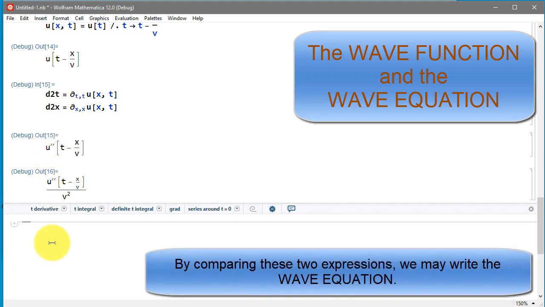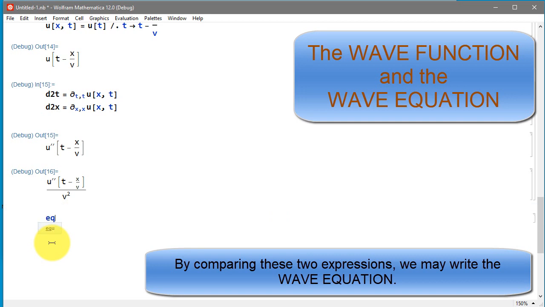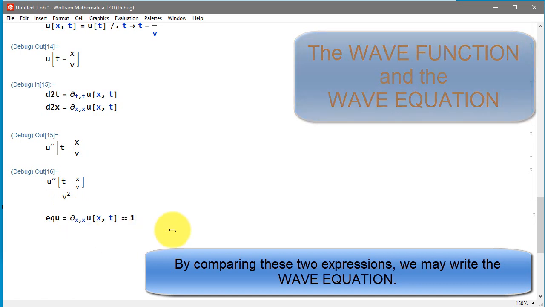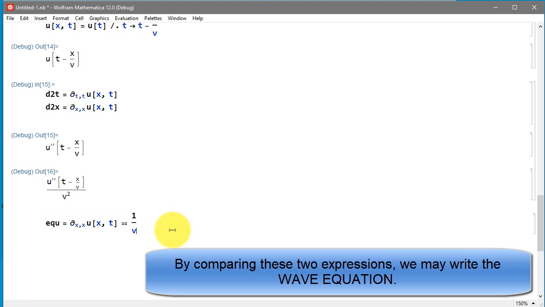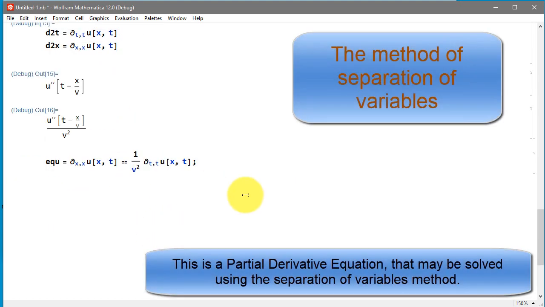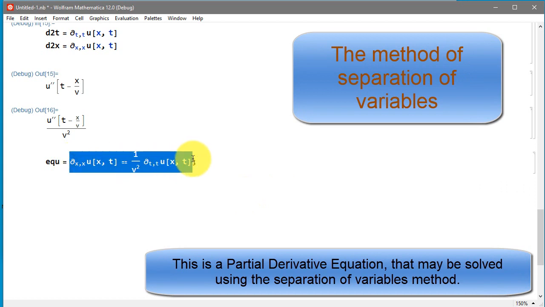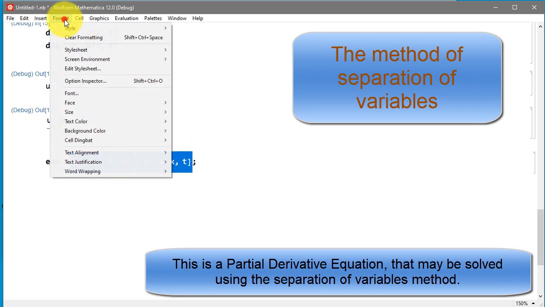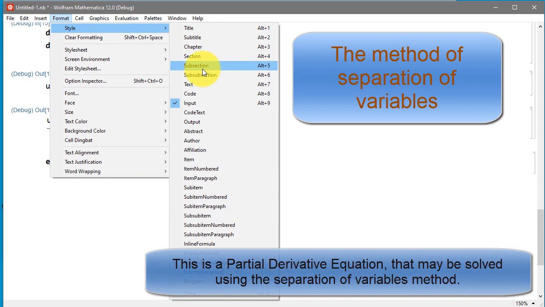By comparing these two expressions, we may write the wave equation. This is a partial derivative equation that may be solved using the separation of variables method.